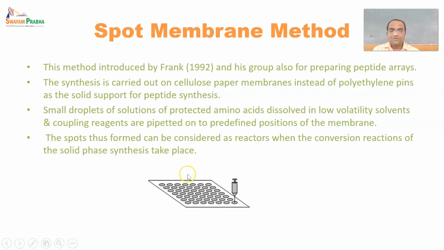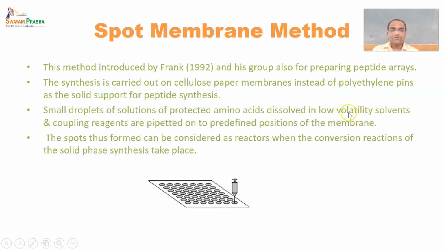So this is how the cellulose paper is used. Instead of polyethylene pins as in the earlier methods of parallel synthesis, a cellulose paper membrane is utilized, and small droplets of solutions of protected amino acid dissolved in low volatility solvents are used.